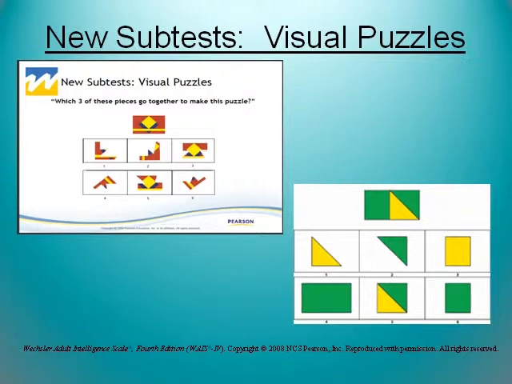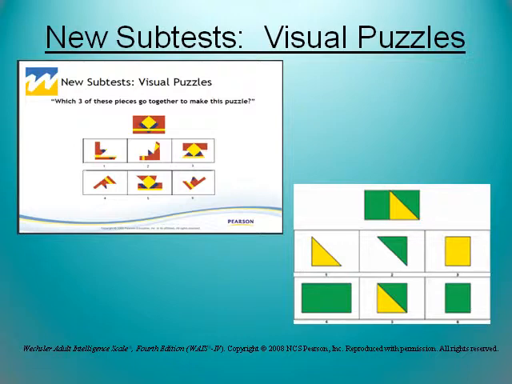Even though I could put these 2 pieces together to make them look like a puzzle, 5 and 6, I would not choose them because I have to make a puzzle from 3 pieces. Even though I could put these 3 pieces together to make it look like a puzzle, 2, 3, and 4, I would not choose those because I would have to put this piece on top of this piece and then put both pieces on top of this piece.